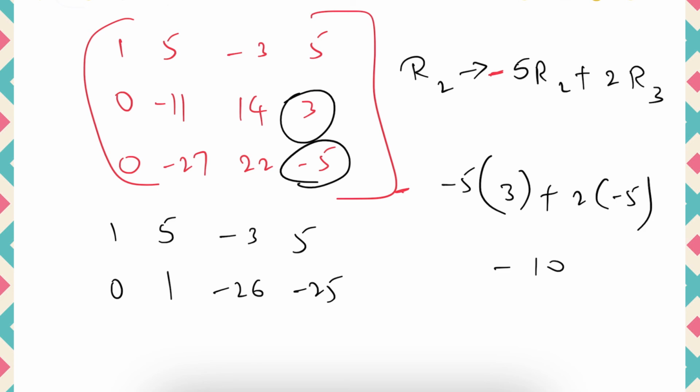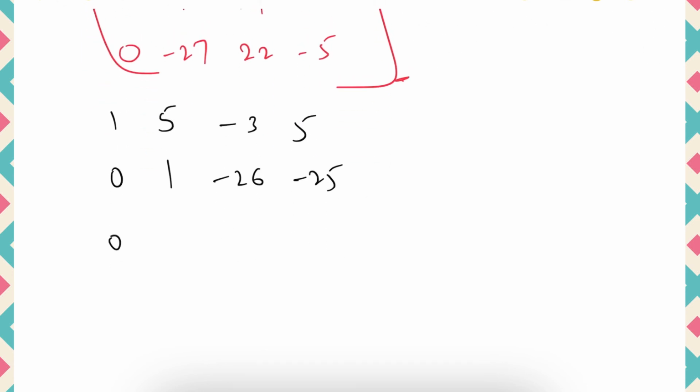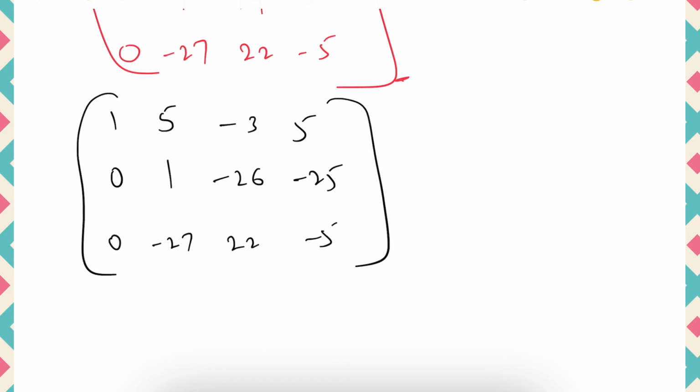Okay, now let us move to row 3. That row 3 we will write as it is. That is 0, minus 27, 22 and minus 5. Okay, now what we need to do, here we want 0, right?